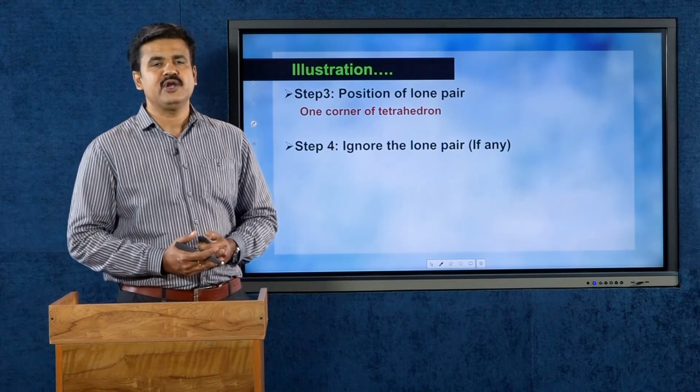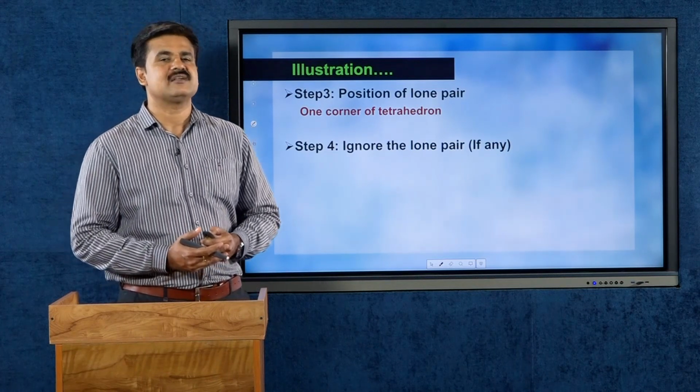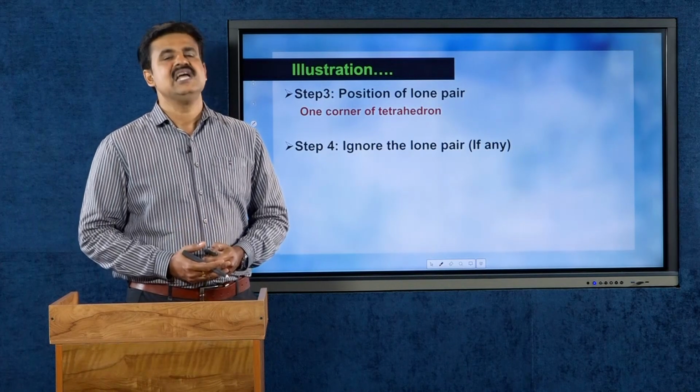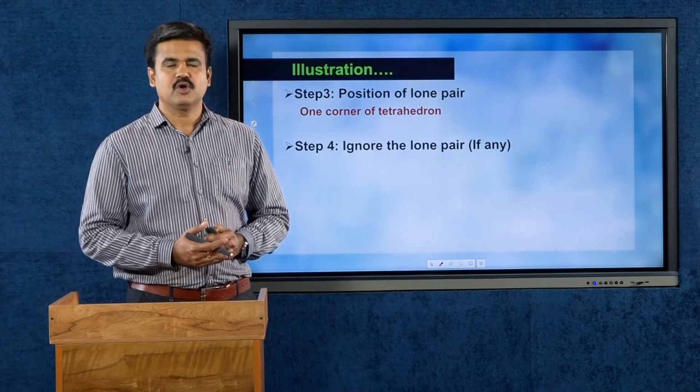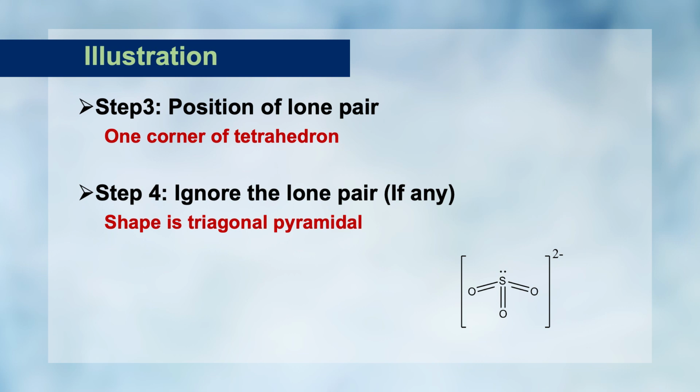You know there is one lone pair of electrons around the central atom sulfur in SO3 2 minus. Now, you remove that lone pair to get the shape, and the shape is trigonal pyramidal. So, the SO3 2 minus ion or sulfite ion depicts a trigonal pyramidal shape, or simply the pyramidal shape.